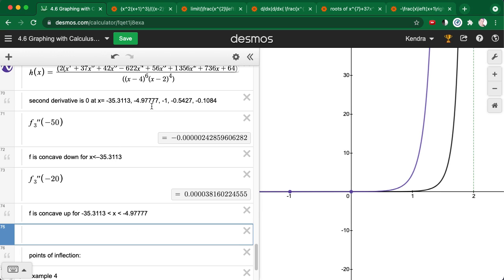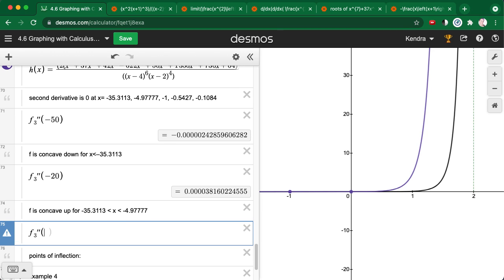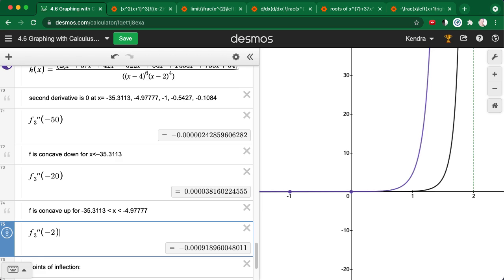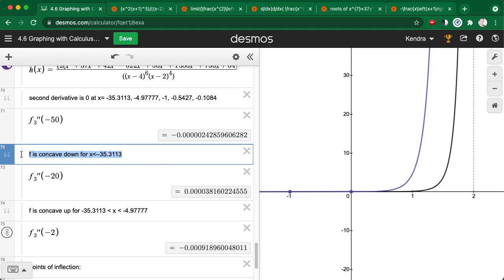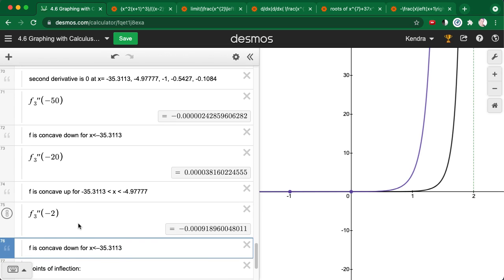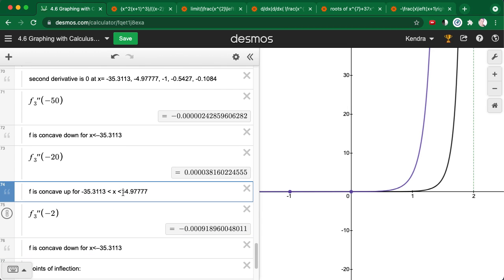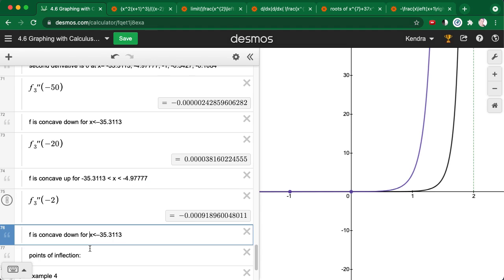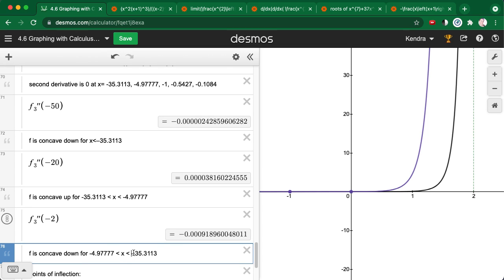And then I want something between -4.9 and -1, so take f3 double prime of -2. That's negative. So I'm going to say f is concave down for x between this number and -1.